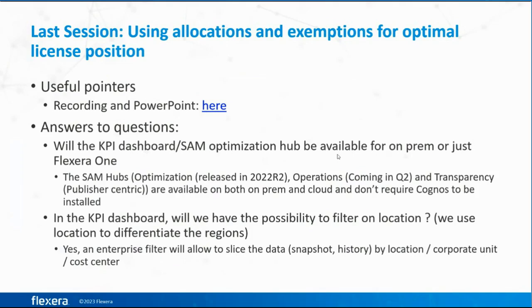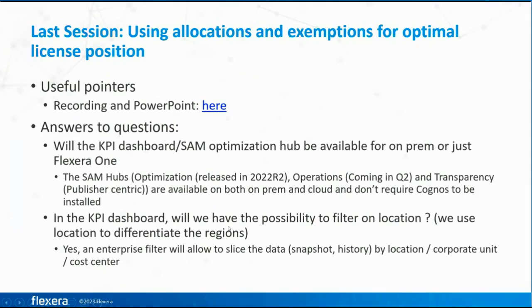And if you are on a previous version, if you migrate, let's say, in June of this year to the 2023 R1 version, which is the next on-premise version, you will get both dashboards, both the SAM optimization hub, including the trends that I will show today, plus the SAM operations hub.